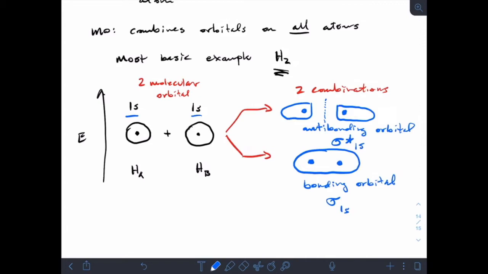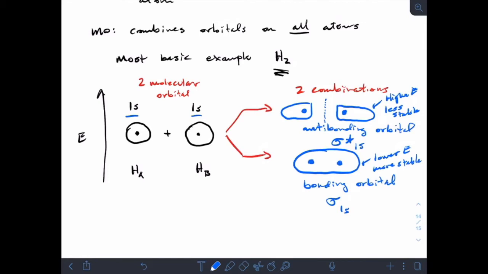So the star denotes antibonding. No star means bonding. And notice that the antibonding orbital is higher in energy, so it's less stable. Higher energy, less stable. And the bonding orbital is lower energy, more stable.